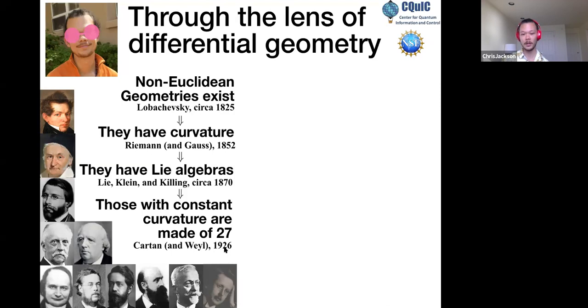Soon after Cartan met Hermann Weyl, it was shown that manifolds of constant curvature actually are only made out of a fundamental set of manifolds, which belong to a family of 27. So that's fun. Okay, so why do I bother telling you guys about this?